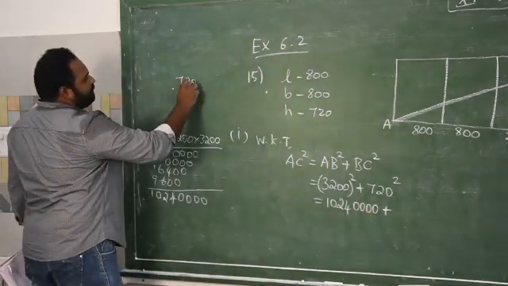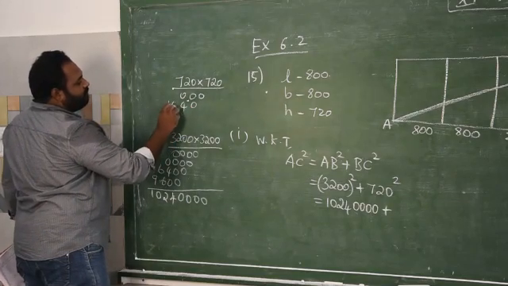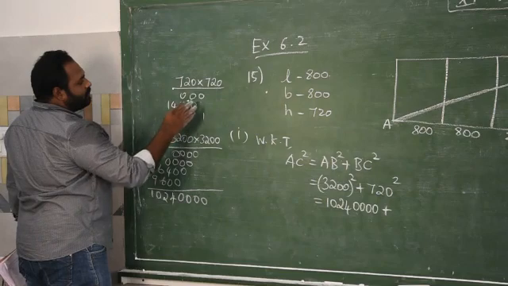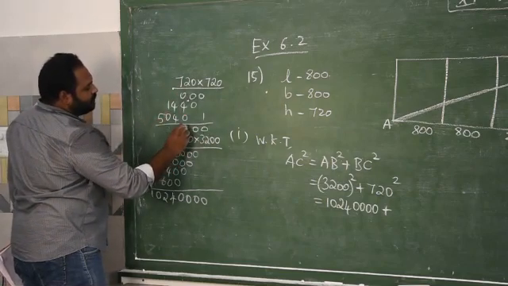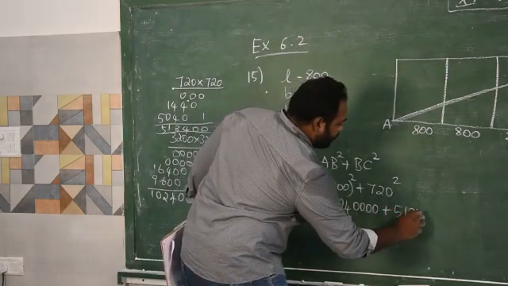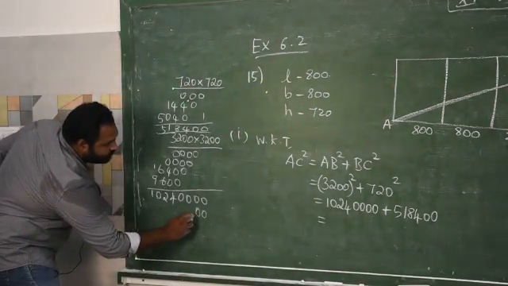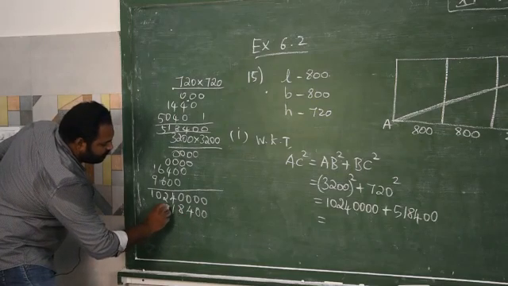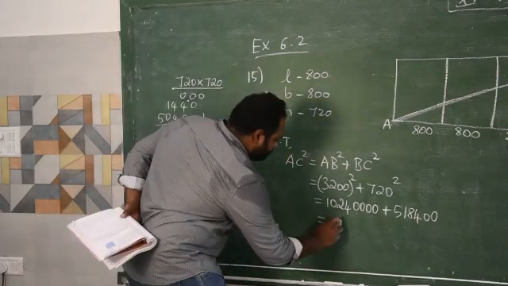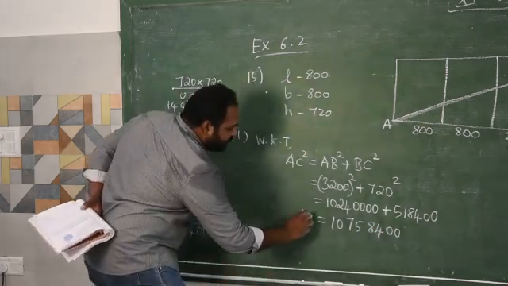Plus 720 into 720, which is 518,400. If you add this, 10,240,000 plus 518,400 gives 10,758,400. This is AC square.